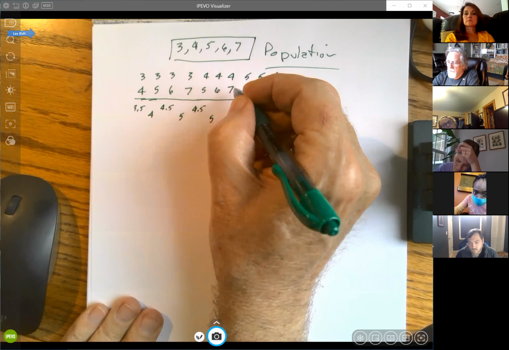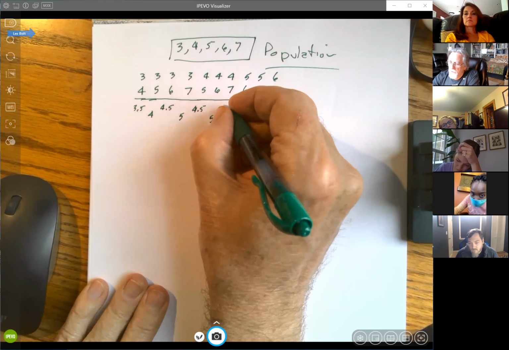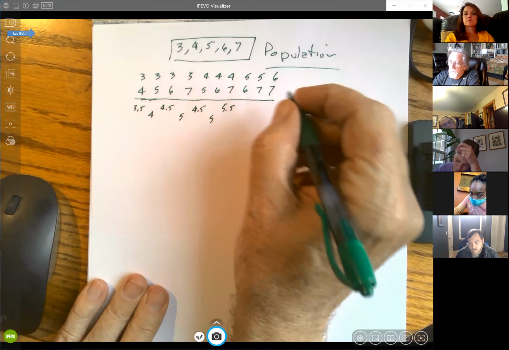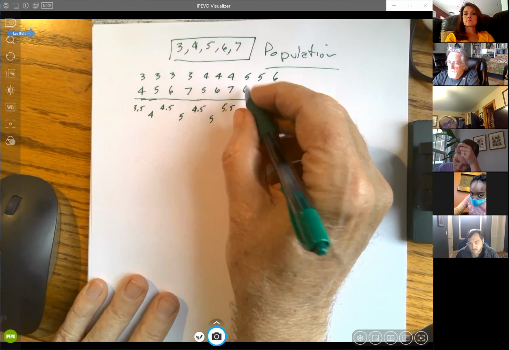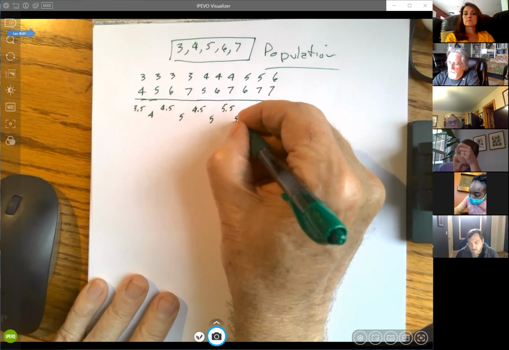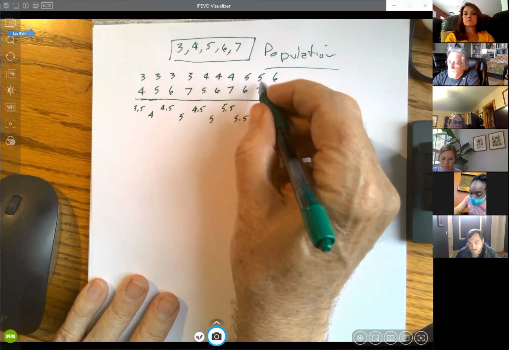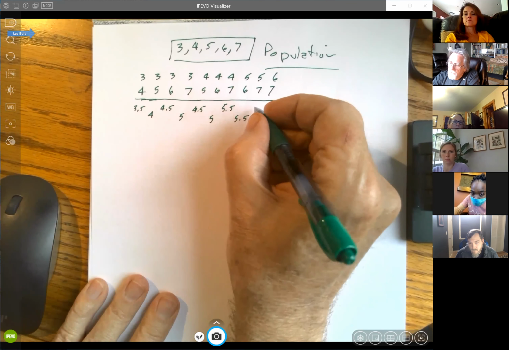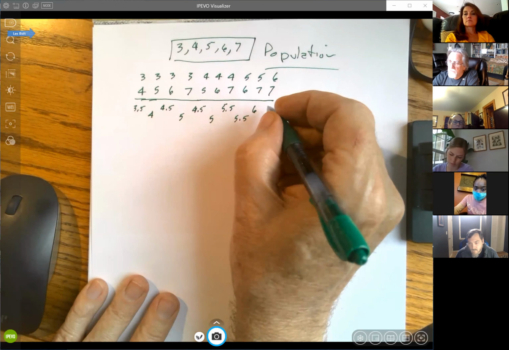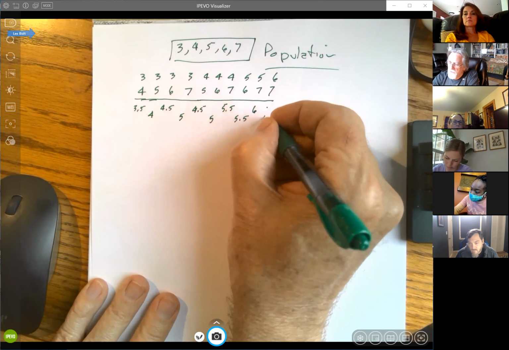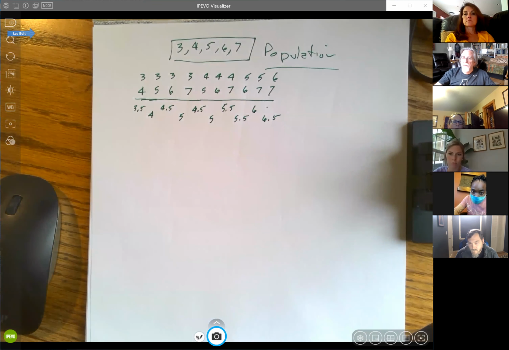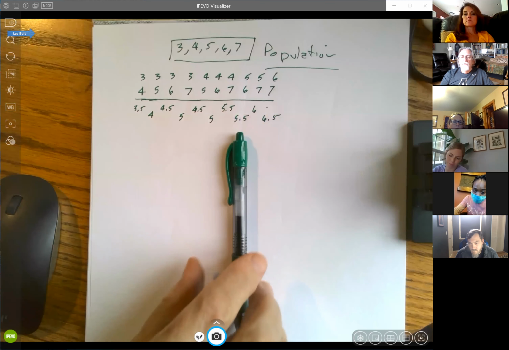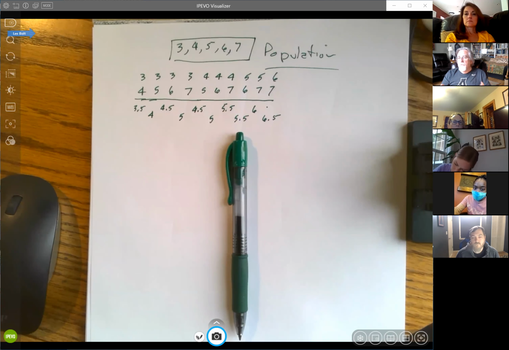The mean of 4 and 7, 11, would be 5.5. The mean of 5 and 6, 11, would be 5.5. 5 and 7 is 12, so the mean would be 6. 6 and 7 is 13, so the mean would be 6.5. Those are all the possible sample means for all the unique samples of size 2 from this population.